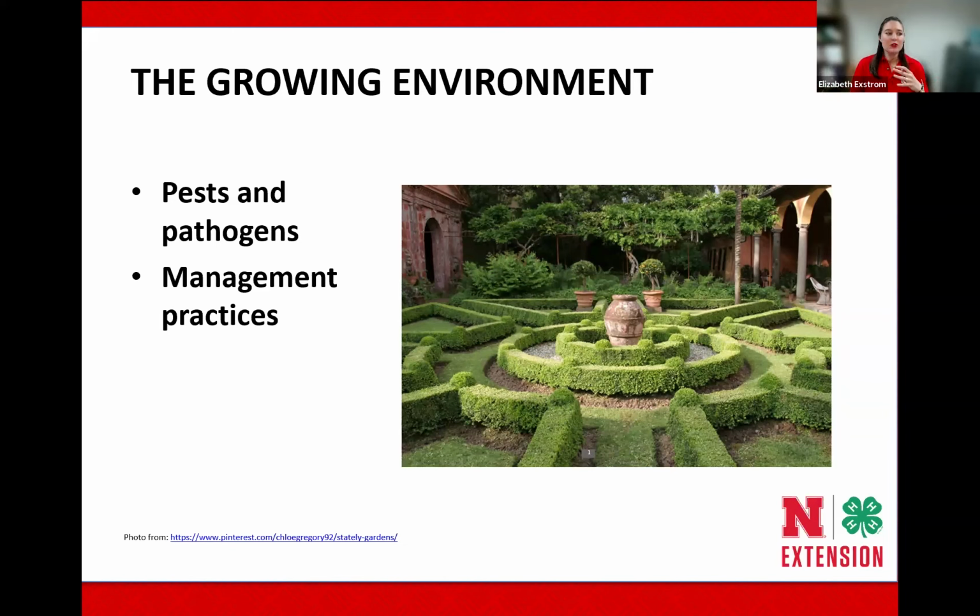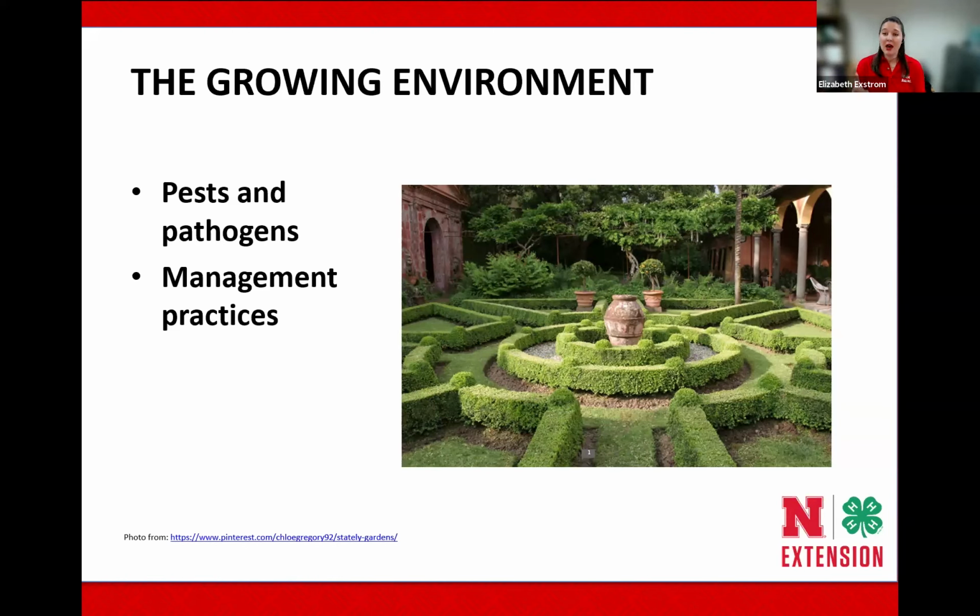And then we need to take a look at those management practices. If we're going to hedge something like is in the photo, we're going to have to routinely come out and make sure that it is trimmed, it is hedged. We're taking any of the little sprouts that come off. So that's going to take more management, more time to devote to if we're going to hedge something.